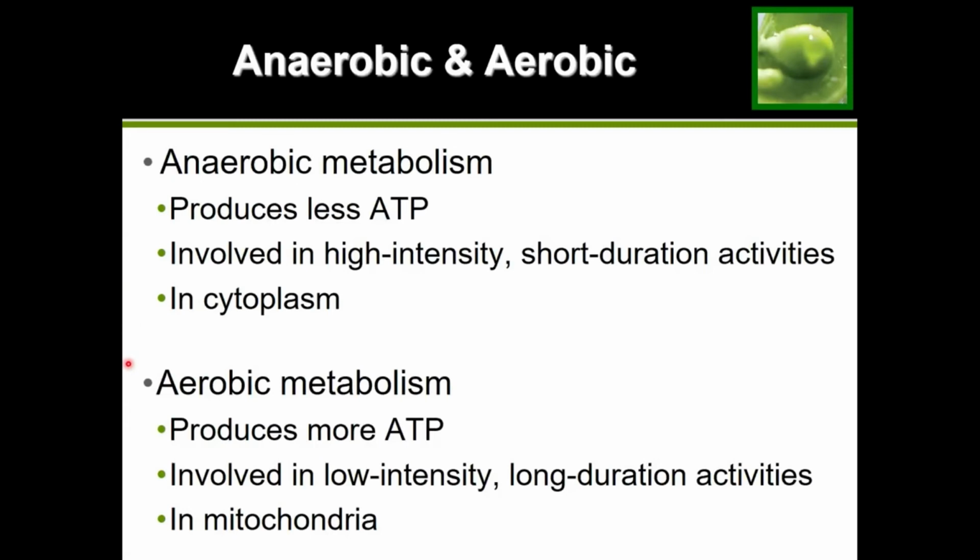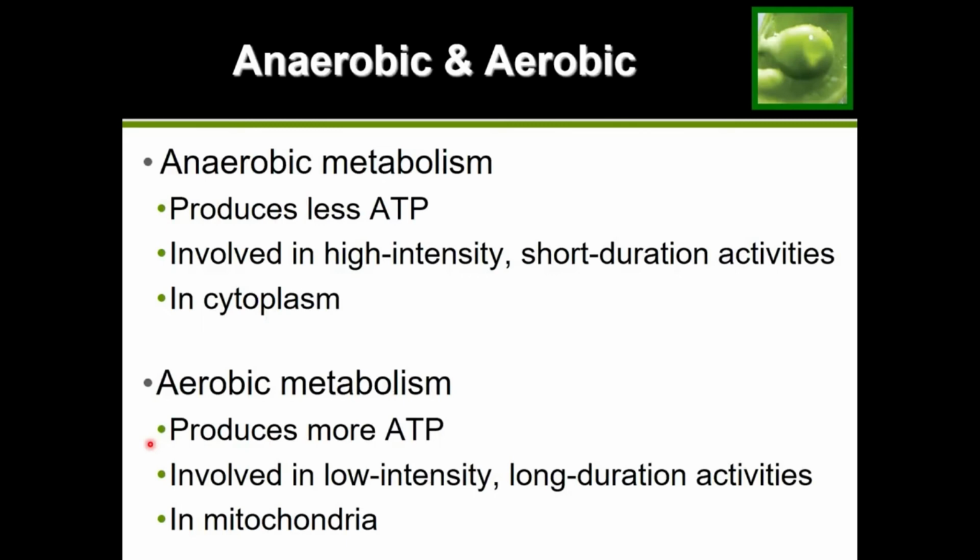In that situation, you're going to go with plan A because it makes so much more energy, the body prefers it, and we have time to go through this long pathway and end up producing all of that energy in the end because we're not using our energy up very quickly when we're doing something like, for example, just taking a stroll. That doesn't require much energy, so we don't need to replace it very quickly. It's not going to run out quick. We have time to do our aerobic and end up with lots of energy in the end.